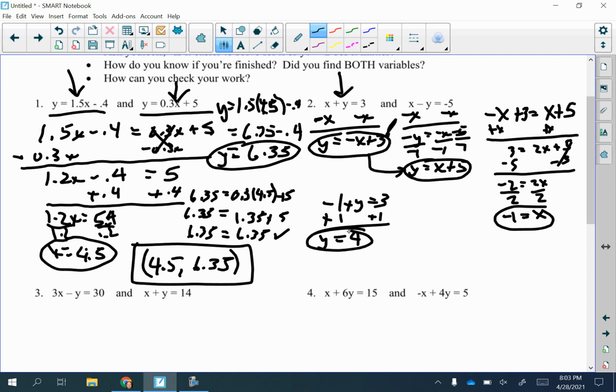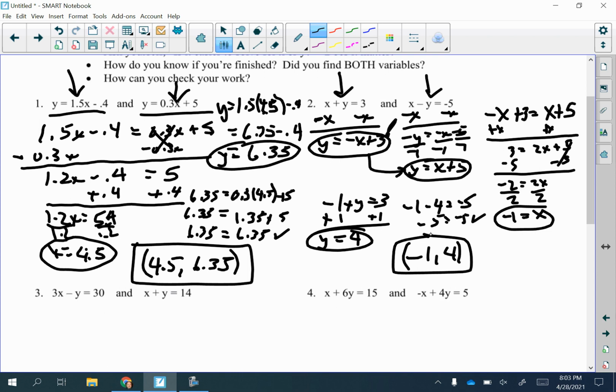Now I'm going to use the second equation, plug both my answers in, and if they work, we know we got the answer. Negative 1 minus 4 equals negative 5. Well, negative 1 minus 4 happens to be negative 5, so it checks. So our answer is negative 1, 4 is the solution for that system.